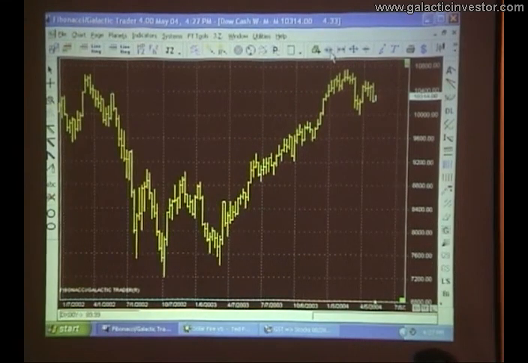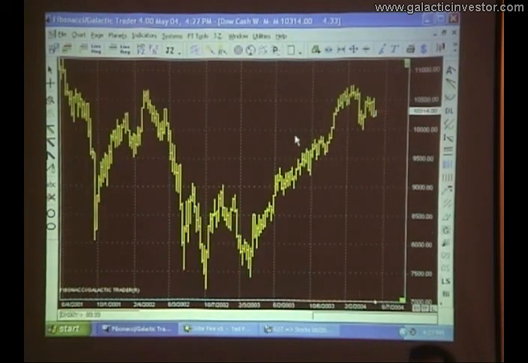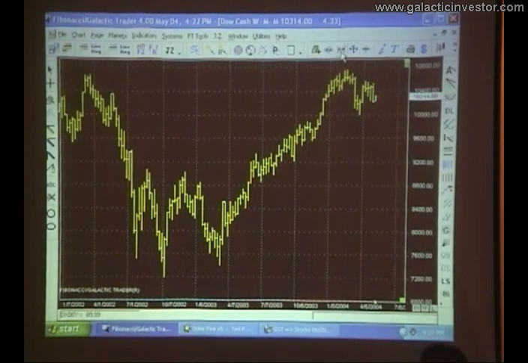Okay, does everybody have enough data for the Dow cache to pull up a weekly chart for the last couple of years? Yes? Yeah, I'm going to look at the weekly time frame to start with.